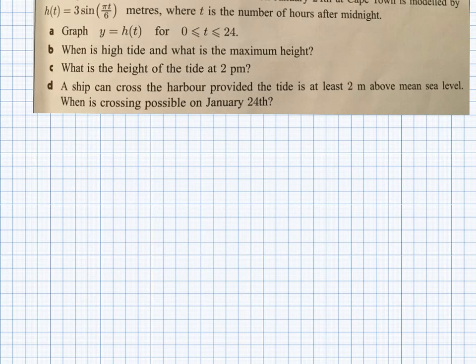The next thing to calculate is what is the height of the tide at 2 p.m. At 2 p.m., which is time equal to 14 hours, h of 14 is going to be equal to 3 sine 14 pi over 6.